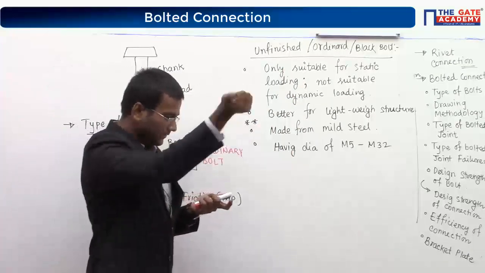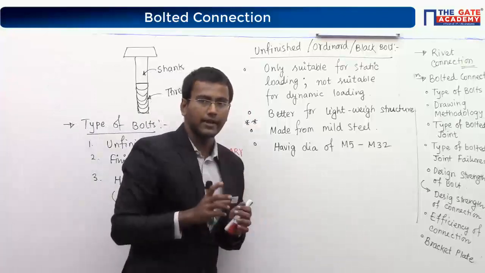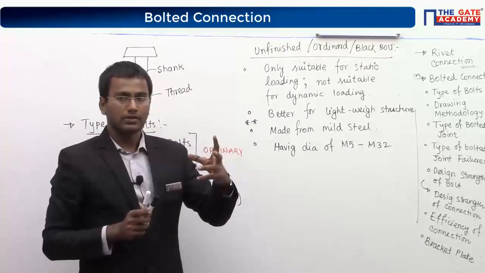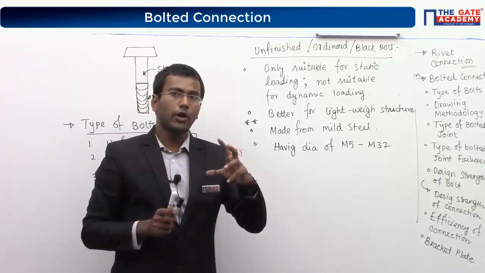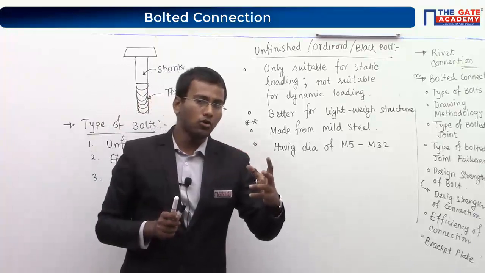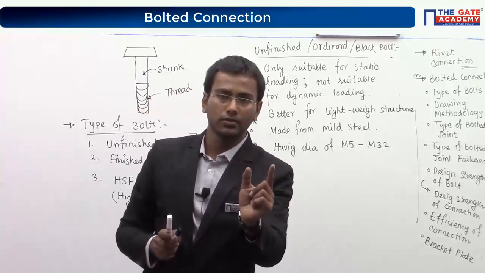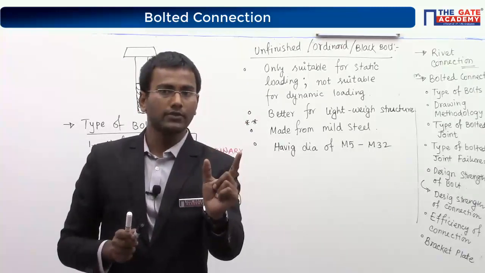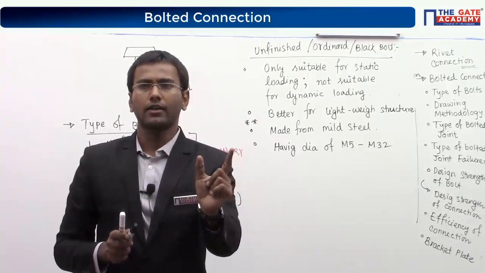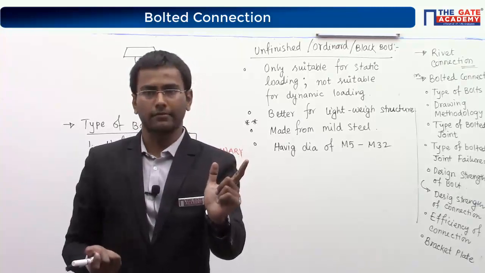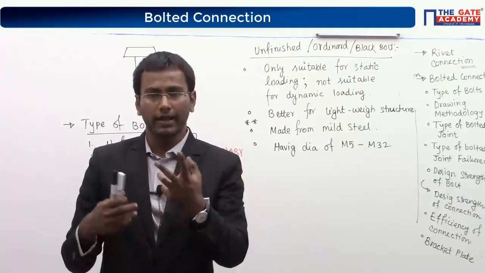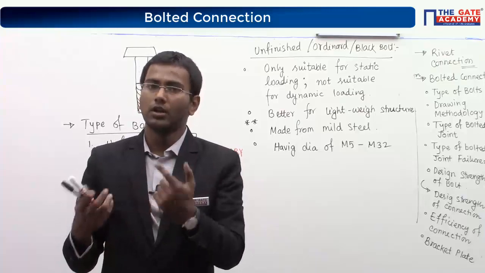Generally a bolt is represented in some manner. Suppose in RCC, if we want to provide reinforcement, I will say provide 2 numbers of 16 mm bars, 200 mm center to center in both directions. That is the representation, right?